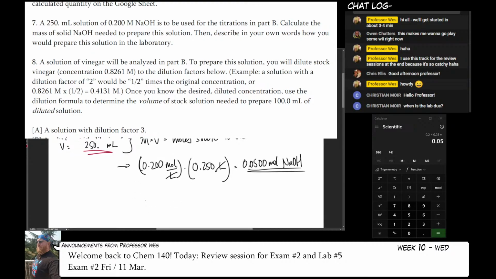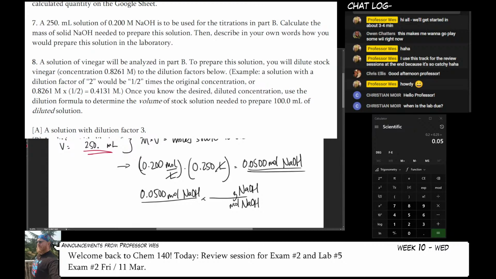Well, what would that mass be? Well, I can just do this. Here's my mass, and then we'll just convert it from moles to grams. And I believe that NaOH is like 40 grams per mole, almost exactly.